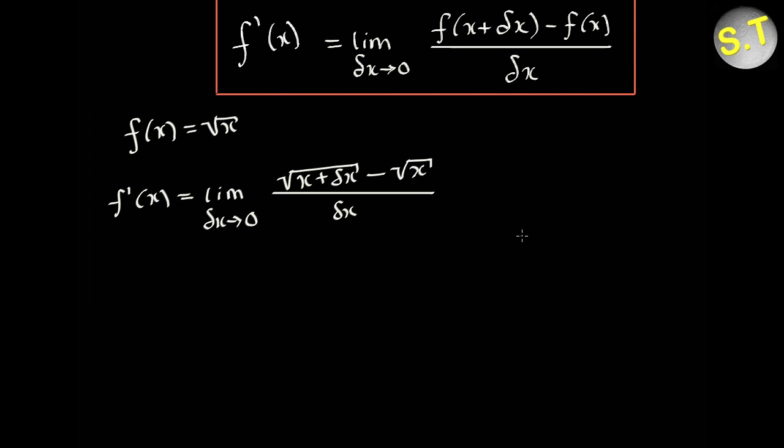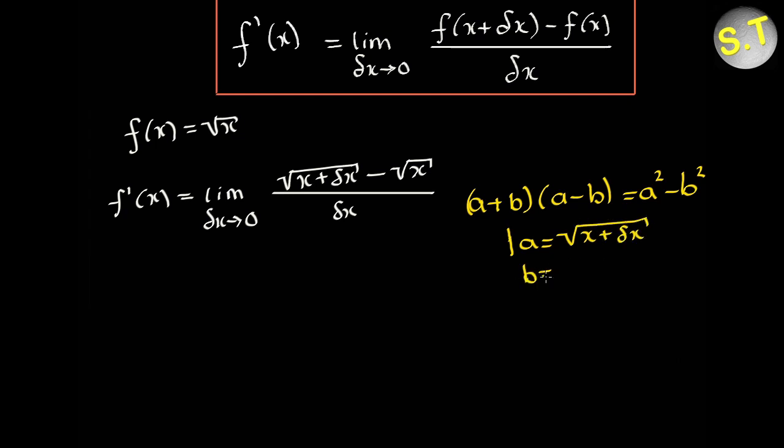The next step, you need to use a relationship. a plus b times a minus b is equal to a squared minus b squared. So in this example, we're going to substitute a is equal to our square root of x plus delta x, and our b is just equal to square root of x.